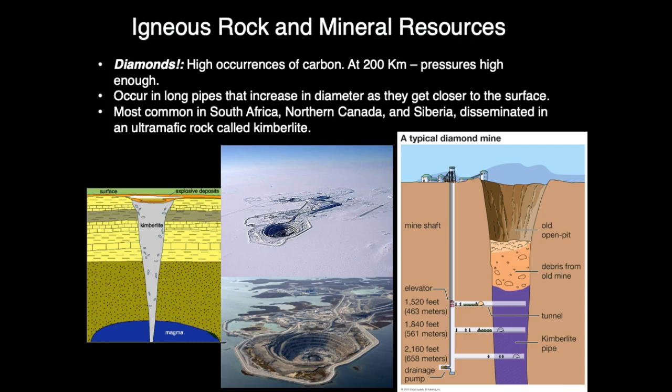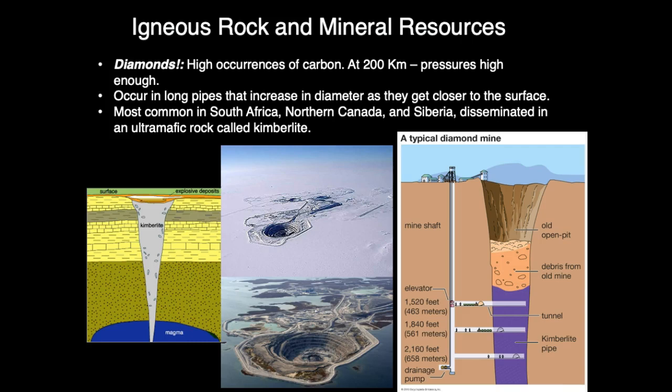And so once diamonds are crystallized, they are carried upward through the pipe-shaped conduit that you're seeing in the image. This conduit increases in diameter as it gets closer and closer to the surface. Nearly the entire pipe usually contains diamonds that are disseminated throughout the rock.